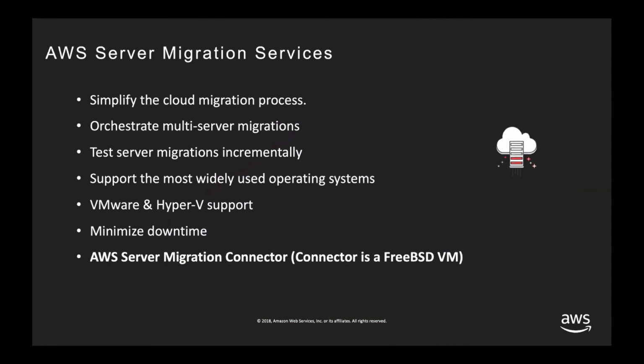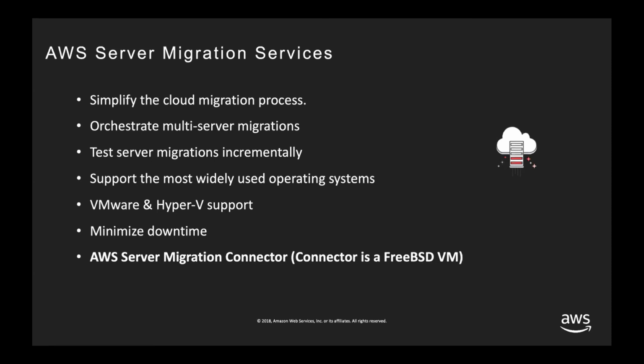And what SMS does, kind of similar to the database migration, is that it provides increments of those VMs into Amazon Machine Images. As you might recall, when we launched that Windows EC2 instance, it had an AMI associated with it.